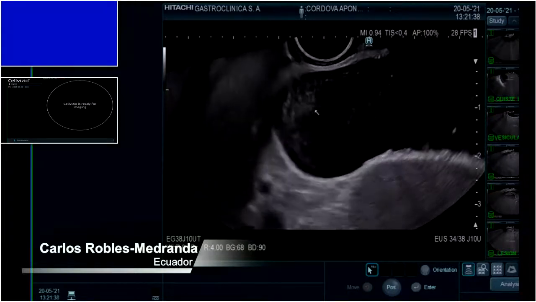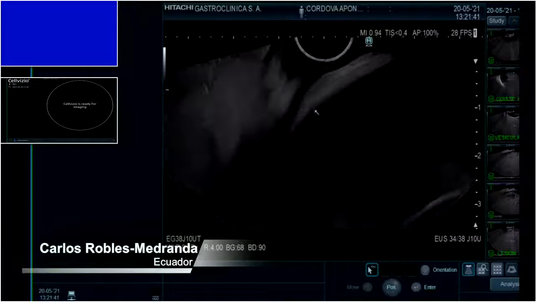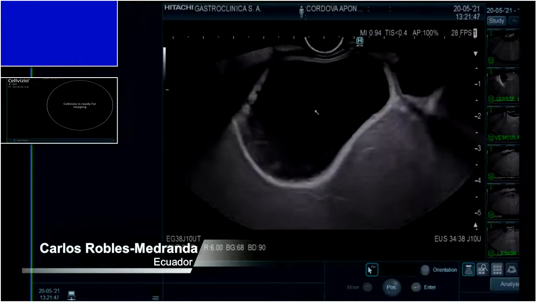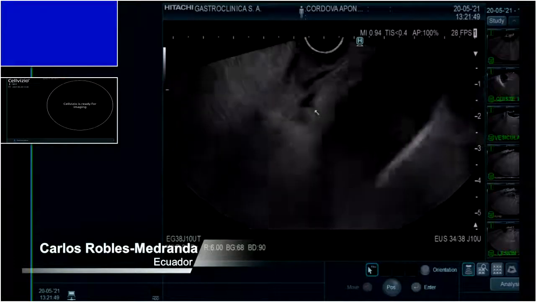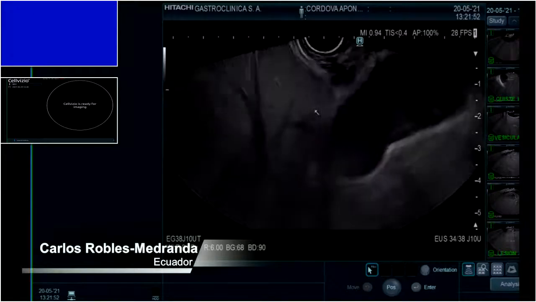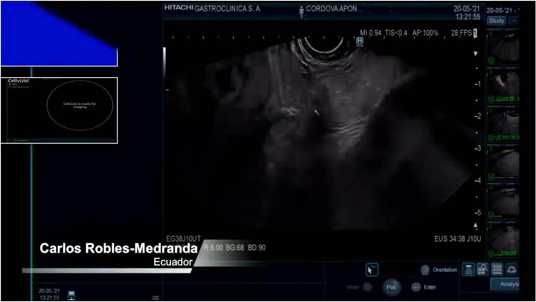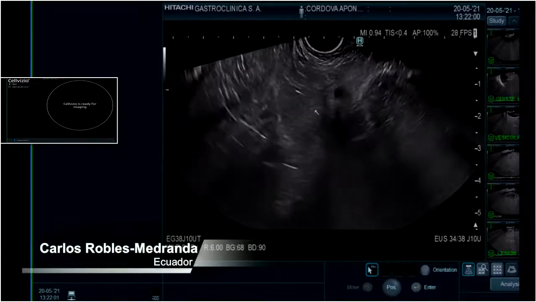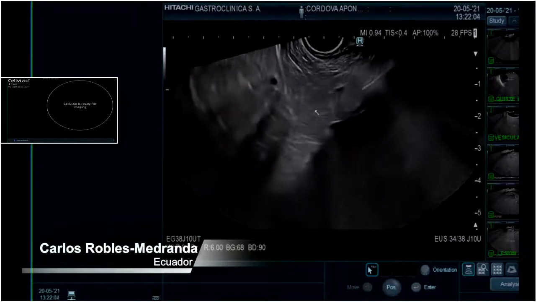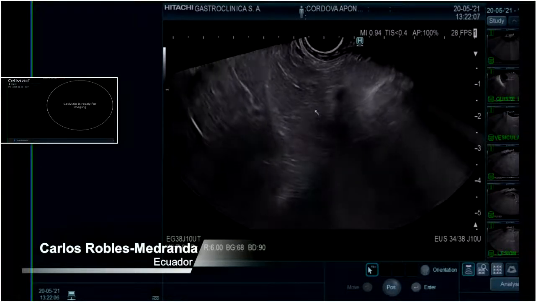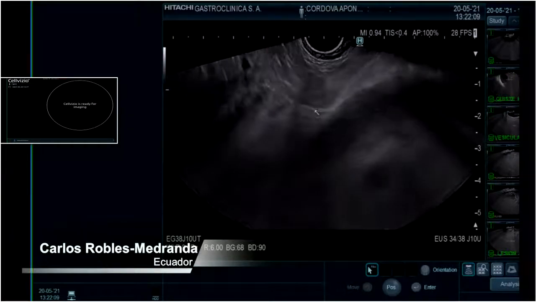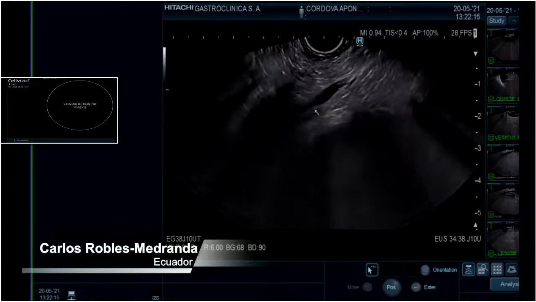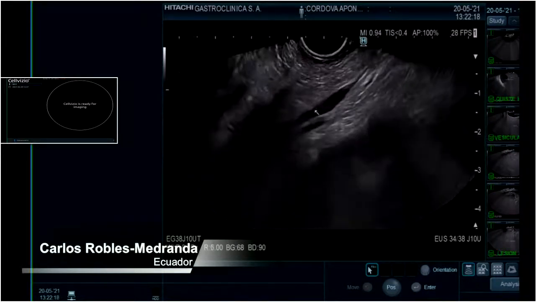So my first diagnosis, in spite that we don't have a diagnosis of acute pancreatitis in this patient from the beginning, I believe that probably this could be a pseudocyst, because the clinical history of the patient, abdominal pain, but with amylase and lipase that were normal.